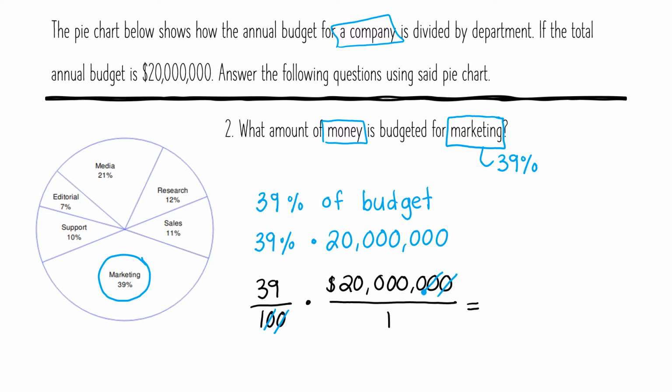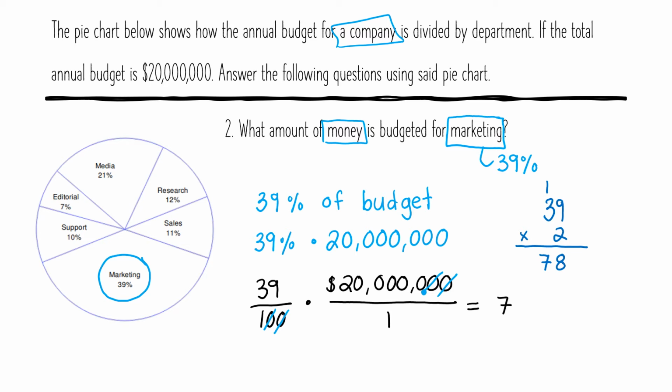So now we have 39 times 200,000. And what I like to do when I'm multiplying two numbers where one of them has a bunch of zeros is I just first look at the numbers without the zeros. So 39 times 2. 2 times 9 is 18. 2 times 3 plus 1 is 6 plus 1, which is 7.